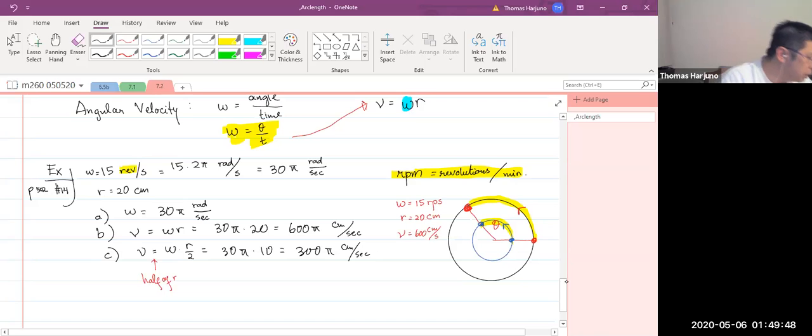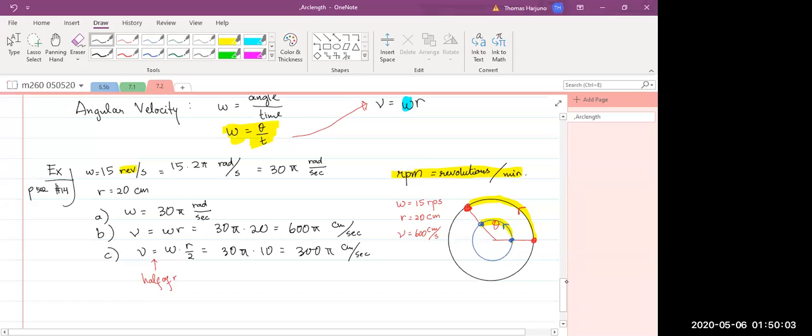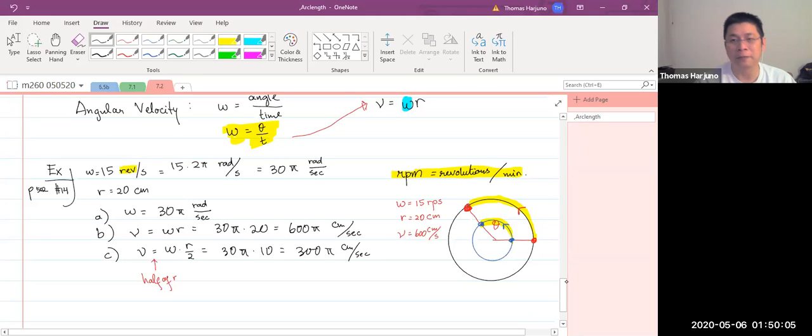The question in part C is to find the linear speed in centimeters per second of a point halfway between the center of the wheel and the circumference. Okay, so imagine if this is your paddle.